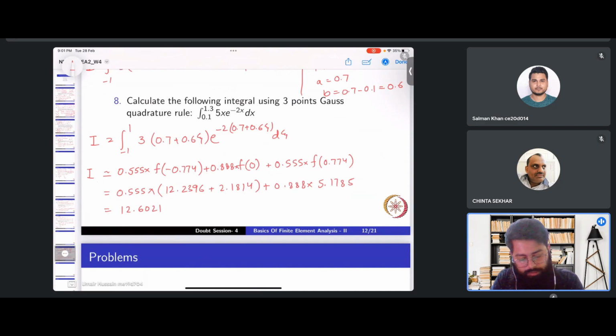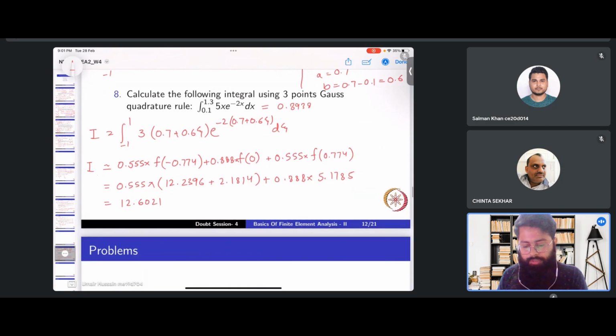Okay, the actual value is quite off. It should be exactly equal to 0.8938. Never mind, so that is the value we are getting now. I hope I didn't make any mistake here. If there's any, please let me know, and if there's any doubt, you're free to ask now.